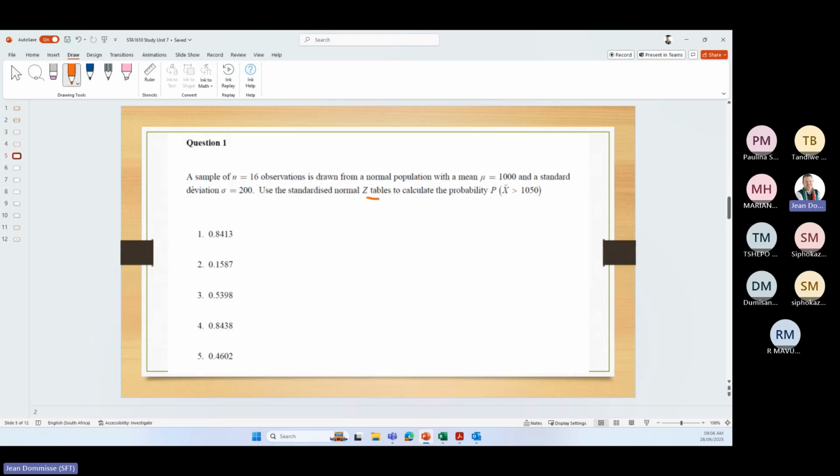In this one, they give us a sample N of 16 observations, a normal population with a mean. So there we already know that we're going to work with a Z. That is the formula that we're going to work with.